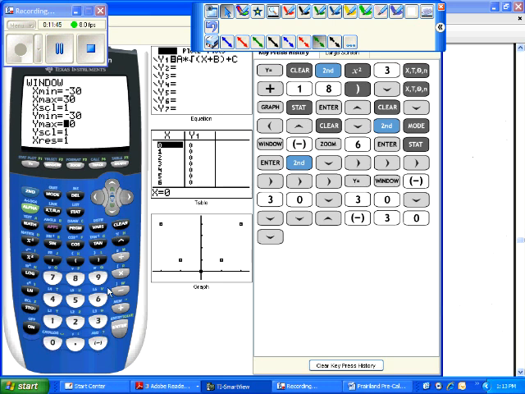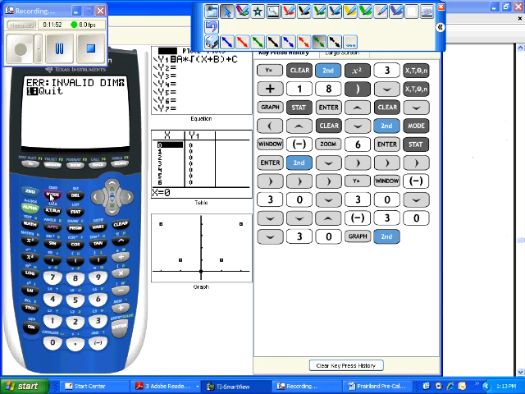I may wish I hadn't done this, but anyway. It's not letting me graph.